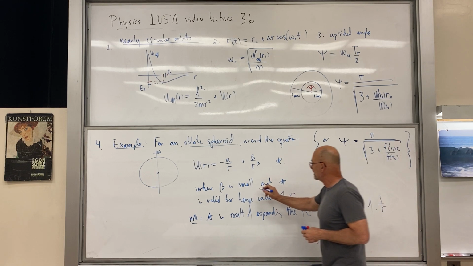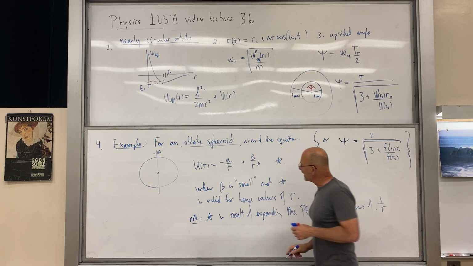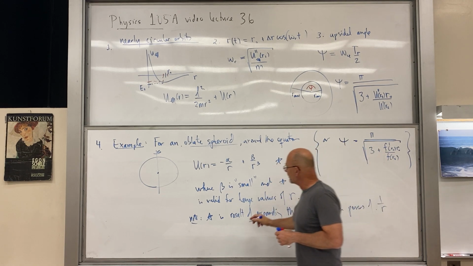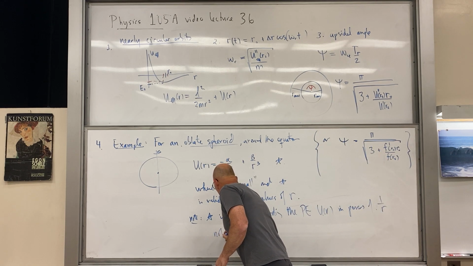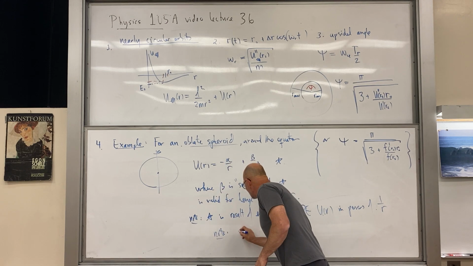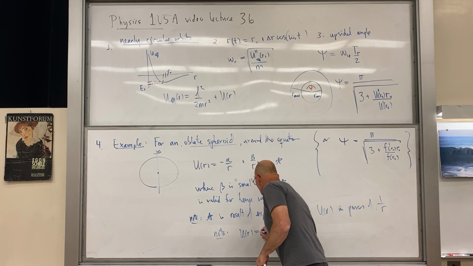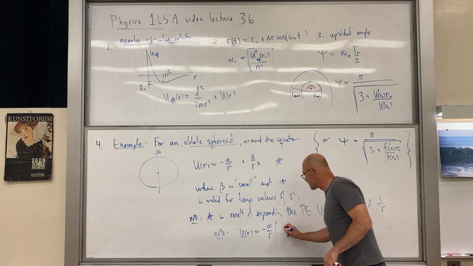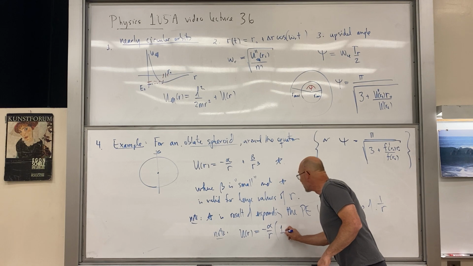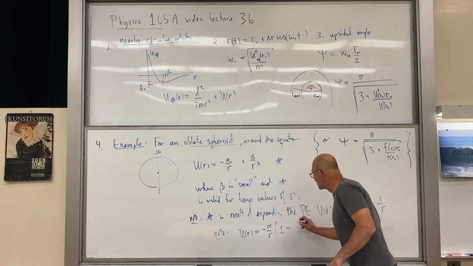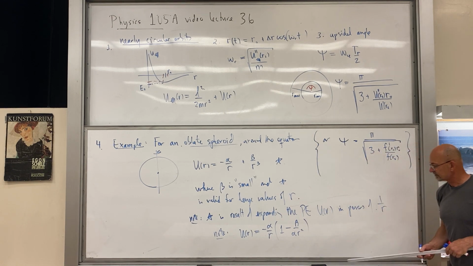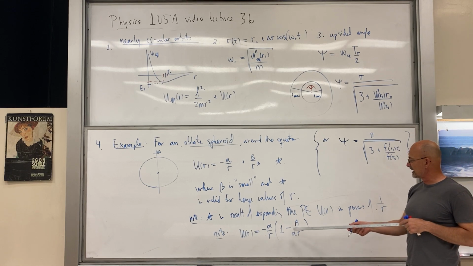And what does small mean? Maybe we can decide right here what small means. What we can do is, here's another note. We could say U of r is equal to minus alpha over r, and then factor out the minus alpha over r, then we have a 1 minus beta over alpha r squared. If I didn't make a mistake, that's right.